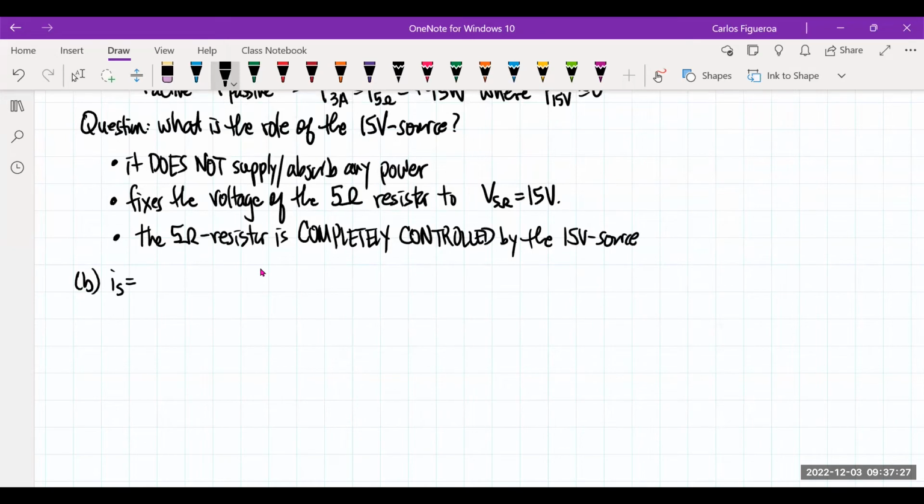So now we change the current source to 5 amps. Now, here's what you've got to think about here.